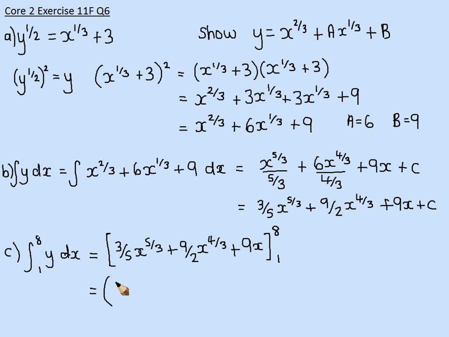So we're going to have 32 times 3, which is not 6, it's going to be 96, isn't it? 96 over 5.